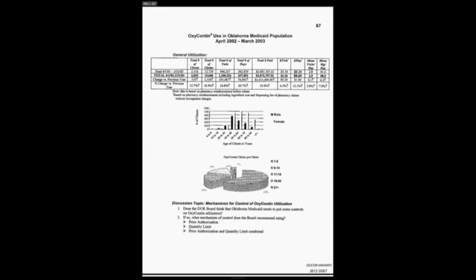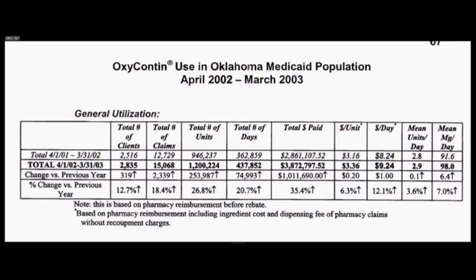You there? Yes. All right. So what we see here on page 67, it's general utilization of OxyContin in the Oklahoma Medicaid population from April of 2002 to March of 2003, correct?